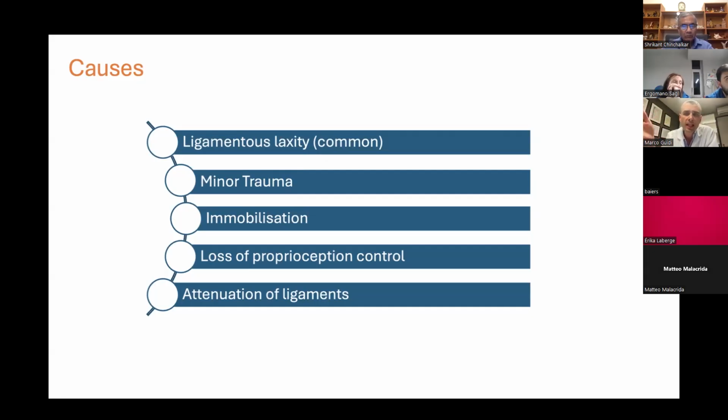So if the ligaments are attenuated or not working properly, these receptors are not working well. And of course, all the mechanisms that our cortex, our brain, tries to activate to counteract this instability are not working. So muscles and tendons are not counteracting this instability either.